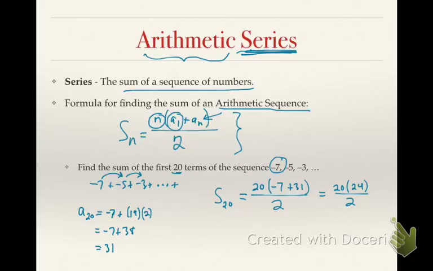And then we can calculate 24 times 20 divided by 2, which is 240. So the sum of the first 20 terms in the sequence is 240. Now, I could have done the long way and listed all 20 terms and used my calculator to add them up, but it's easy to make mistakes that way. But it's never a bad idea to go that way in case you forget.